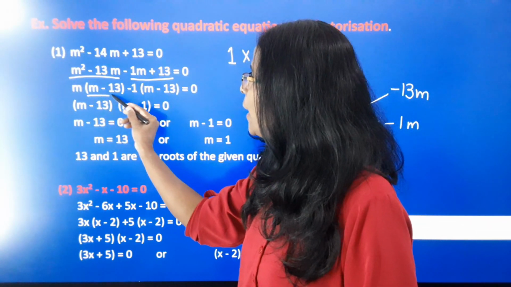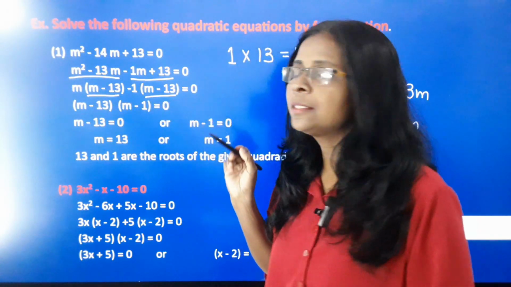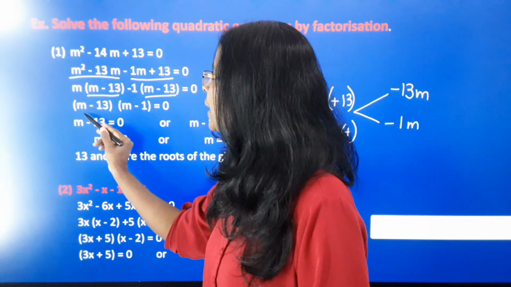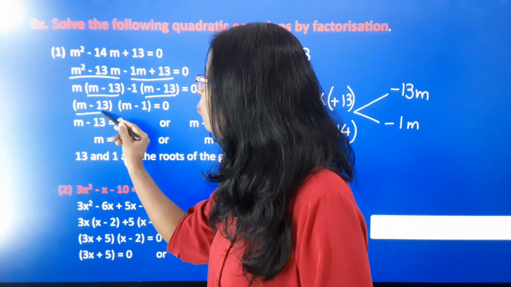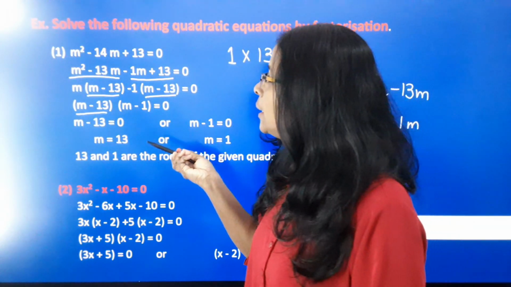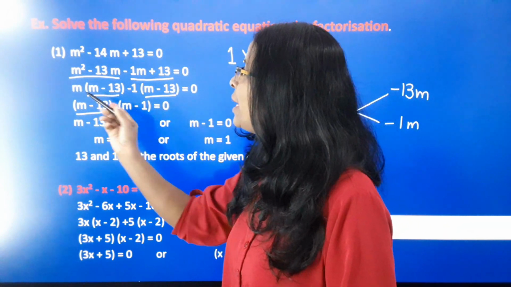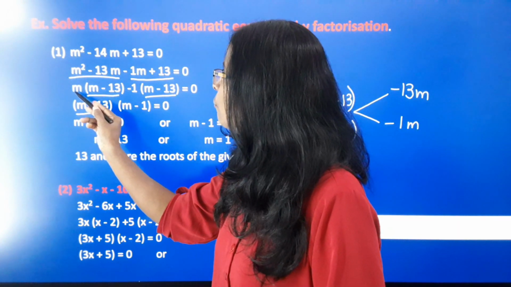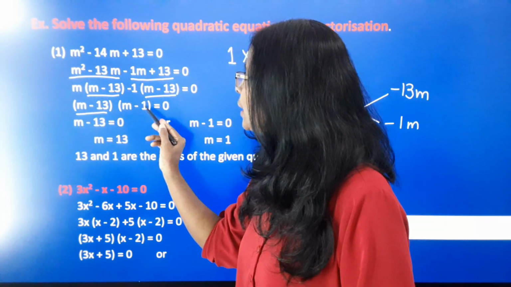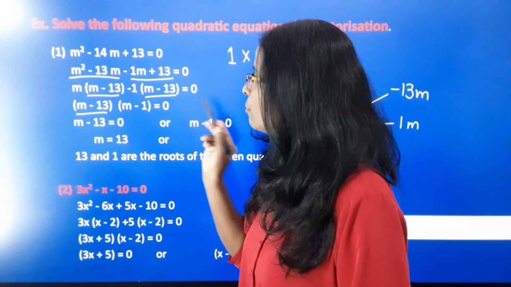So write that same bracket only once, m minus 13, and the remaining terms in the separate bracket, that is m minus 1, which is equal to 0.